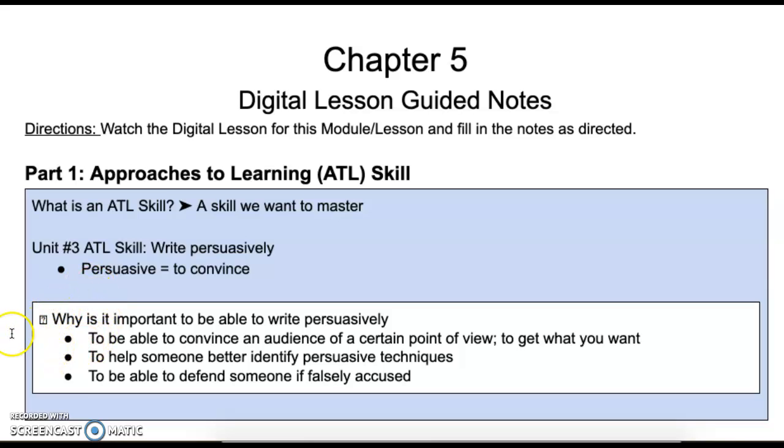Why is it important to be able to write persuasively? To be able to convince an audience of a certain point of view to get what you want, to help someone better identify persuasive techniques, that way they're not tricked by those techniques, and also to be able to defend someone if falsely accused.